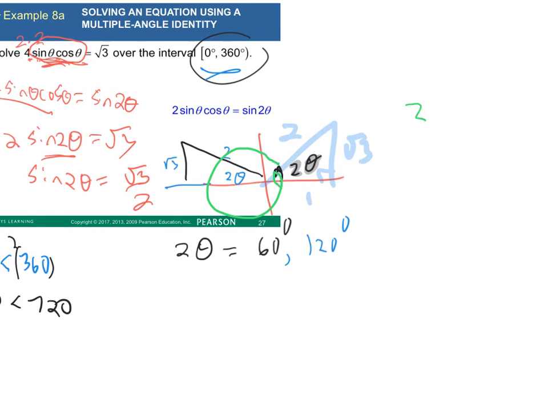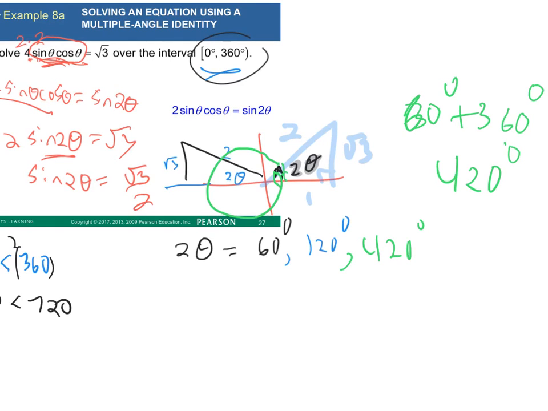So 60 plus 360 is 420. And 120, this was the 120, but it has to go around again because my domain went all the way to 720 degrees.